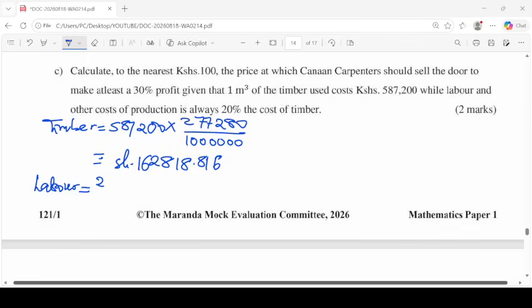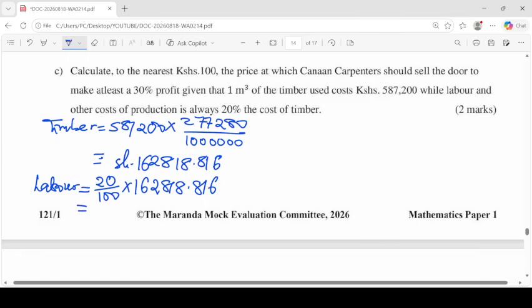So when you look at this question, we are being told that the labor and other cost of production is always 20% the cost price. So we need to compute 20%. 20% is 20 over 100. Multiply this by this amount, 162,818.816.